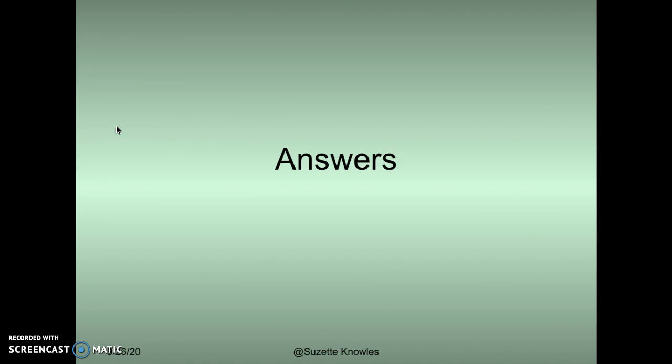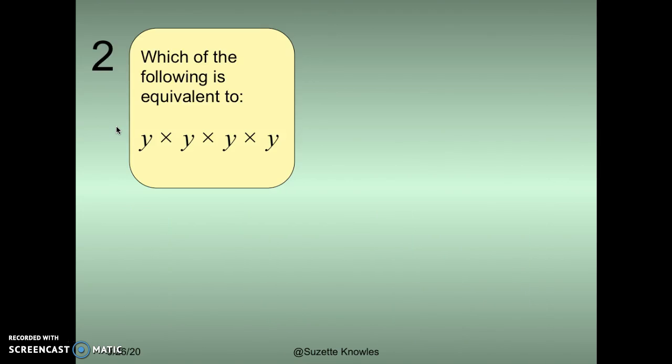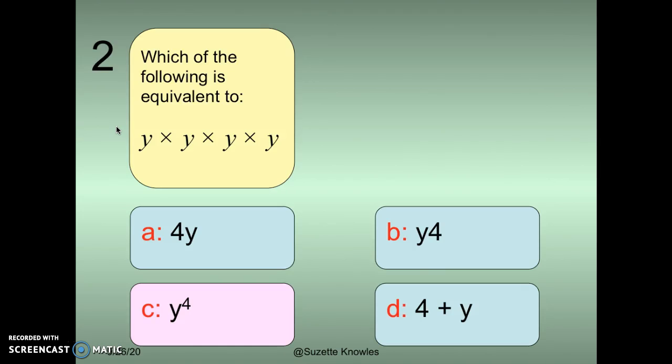to our answers. Number 1, A is the correct answer. Number 2, C is the correct answer.